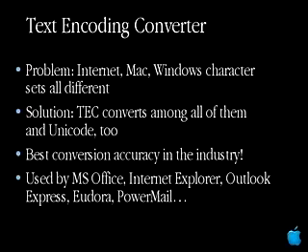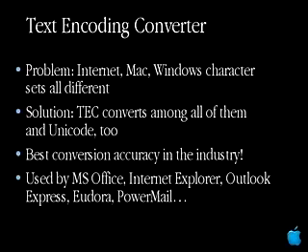The solution is the text encoding converter, which has been available in Mac OS since 8.1. TEC will convert between many different character sets and Unicode as well. We've spent a great deal of time working on TEC in order to make sure that when it's converting from one character set to another, that it preserves as much of your data as it possibly can.